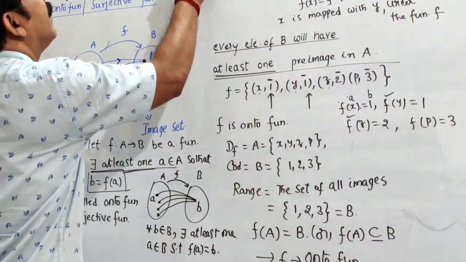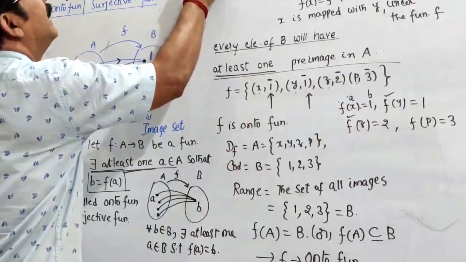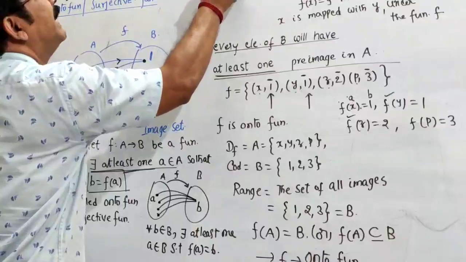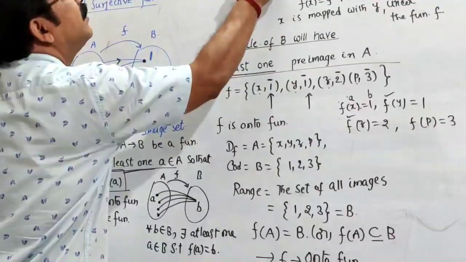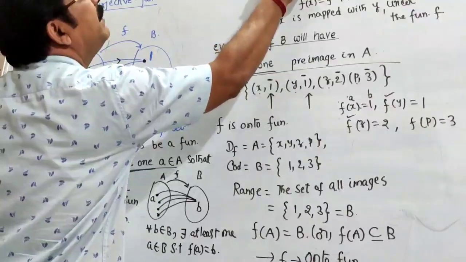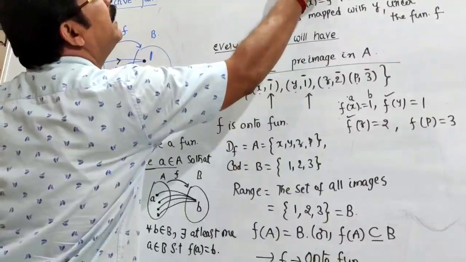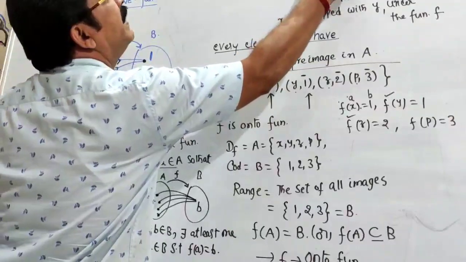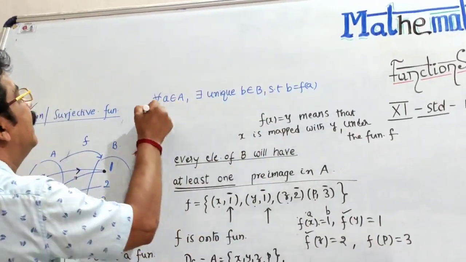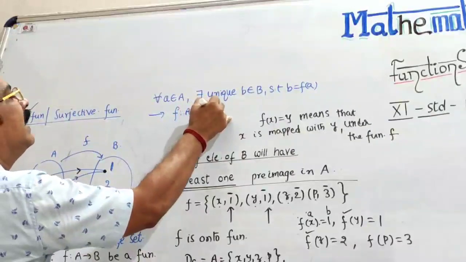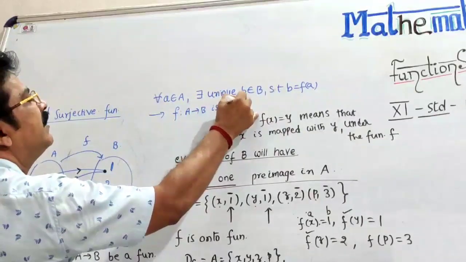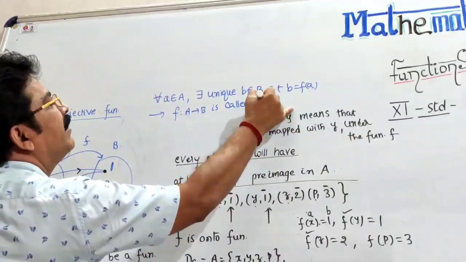How we are writing: for all A belongs to capital A, there exists a unique small b belongs to capital B, so that B is equal to f of A. Then f from A to B is called a function.